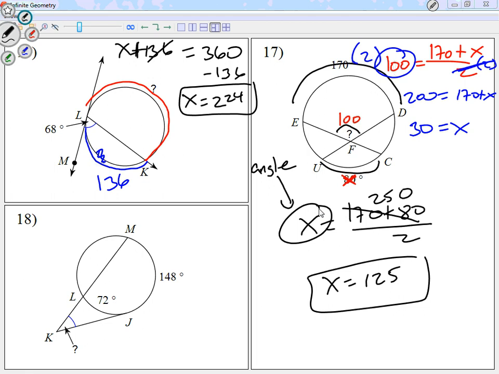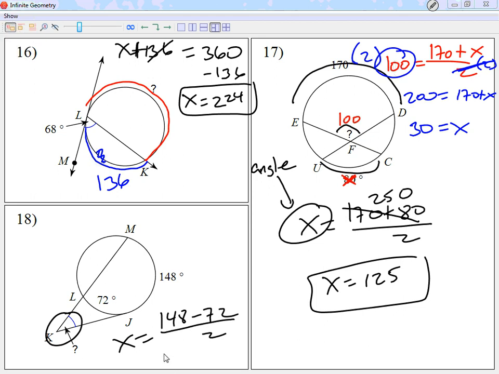Now looking at number 18, we're going to start with the angle as well. In this case, the angle is x. But in this case, I'm going to subtract the two arcs. So in 17, I added the arcs. Here on 18, I'm going to subtract the arcs. So I'm going to go 148 minus 72 over 2.